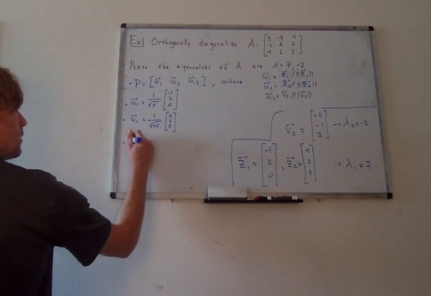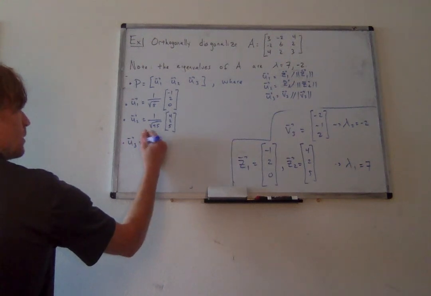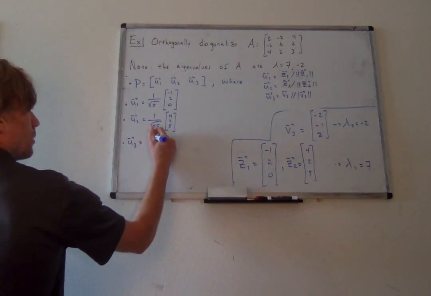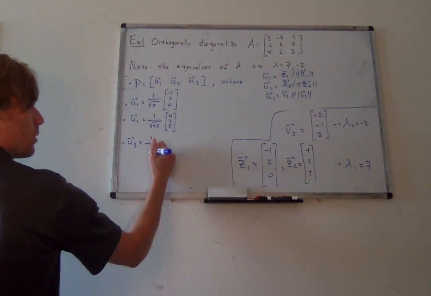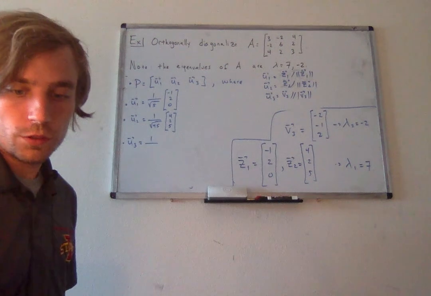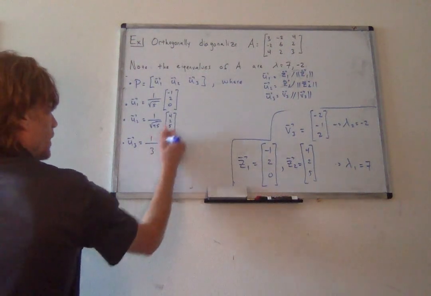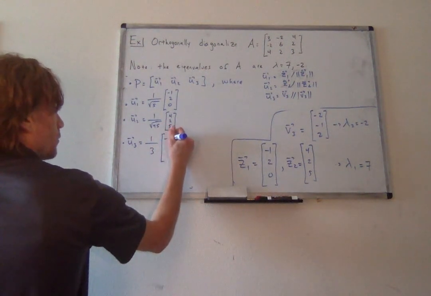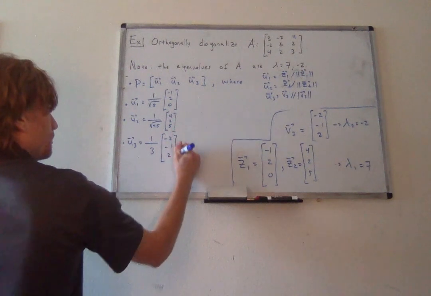And finally, U3 is equal to 1 over, 2 squared is 4 plus 2 squared is 4 plus 1, so this should be 3, times -2, -1, 2.